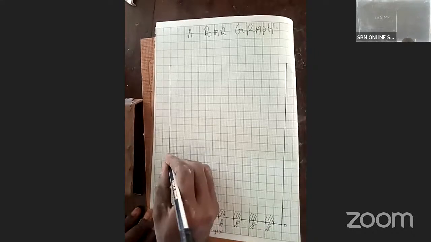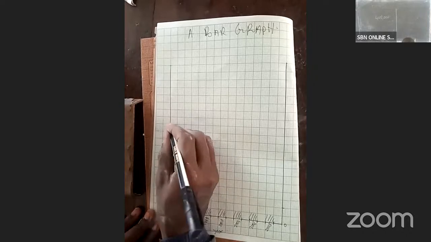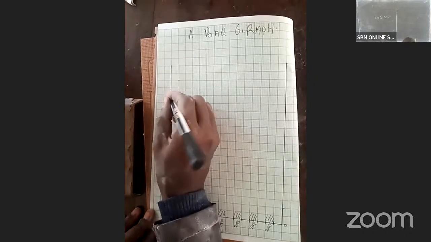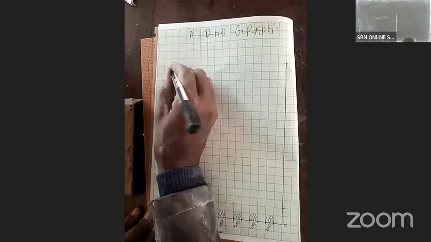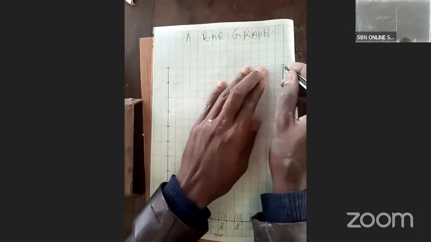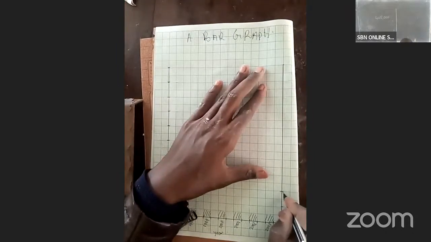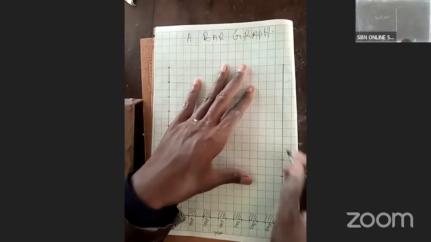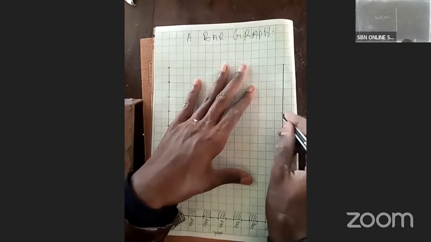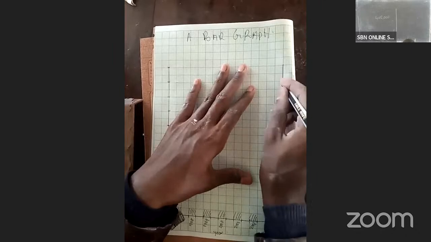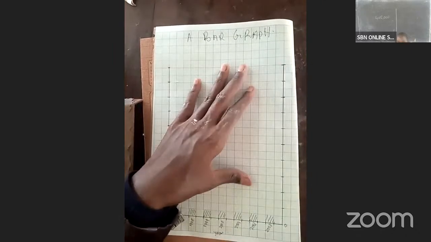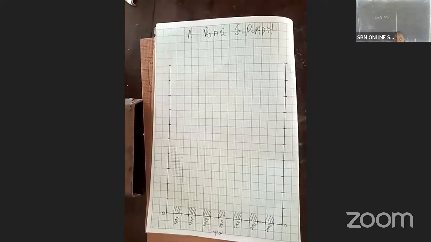I take 2 centimeters. I mark where 2 centimeters. Then also here, I'll mark from here, take 2. Are you seeing it? I'll take 2.